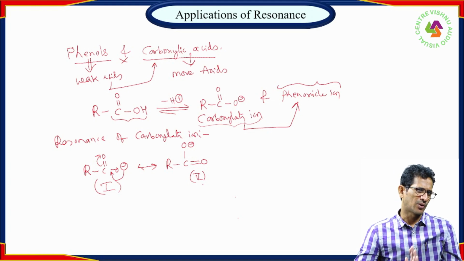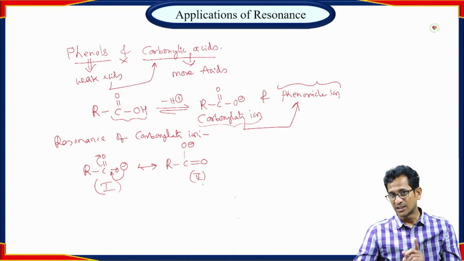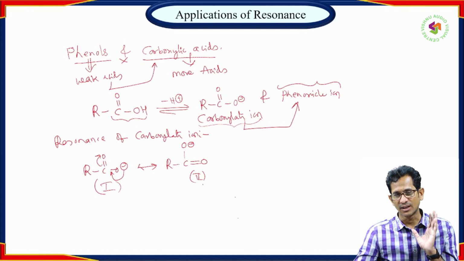But before all these points, there is a golden point: if a substance provides identical resonating structures, it is more stable irrespective of any rule.